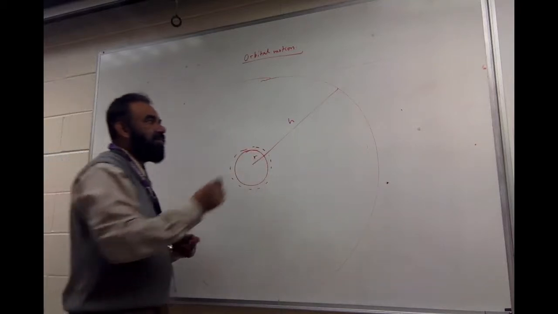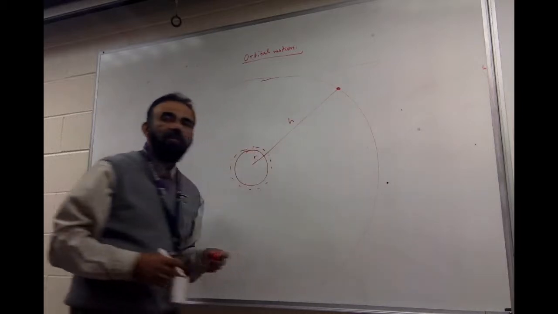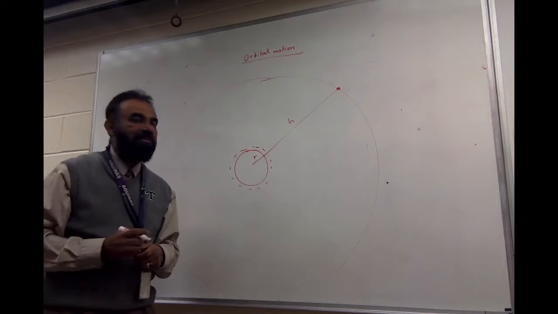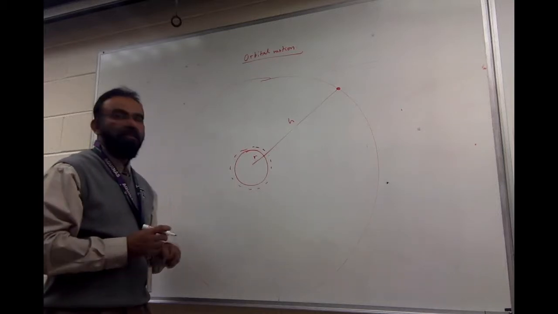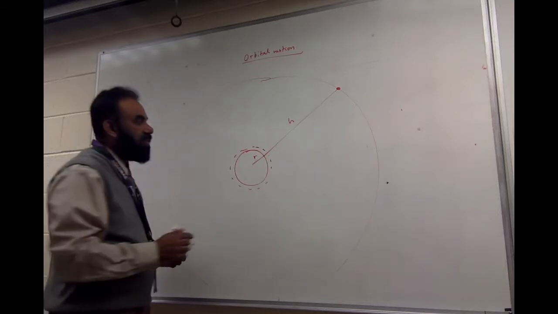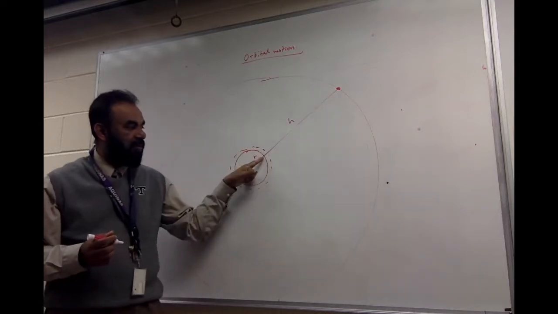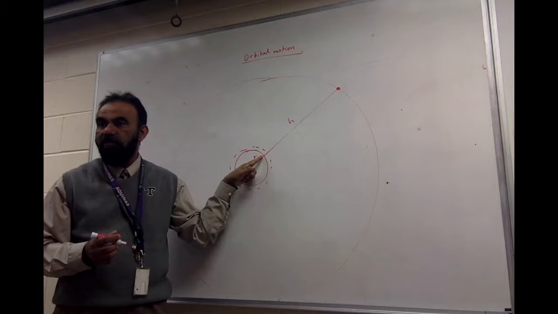What's so special about this particular position that the satellite is put in? The importance of that position is that it goes with the Earth. In other words, can I say the speed of this has to be the speed of this one?